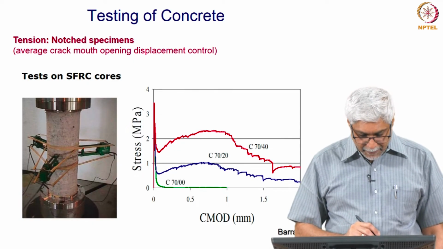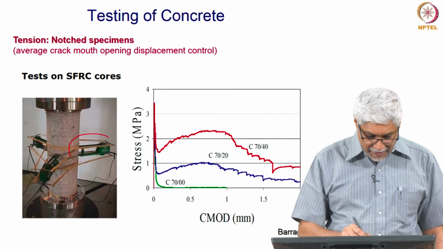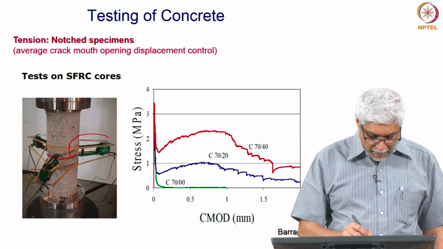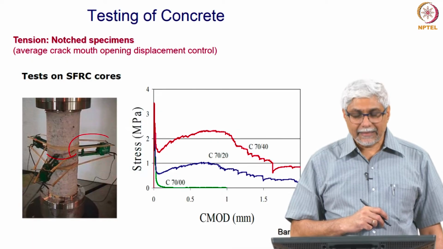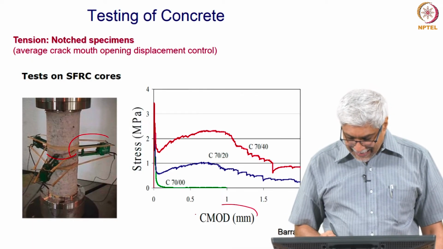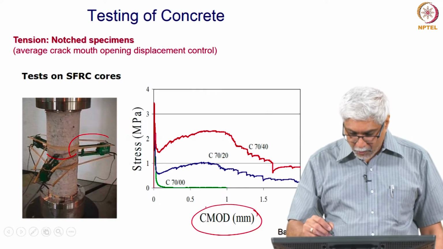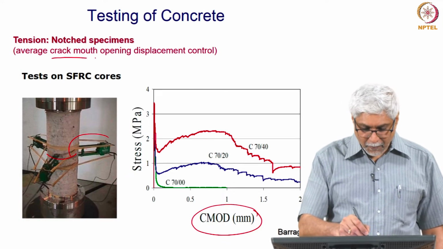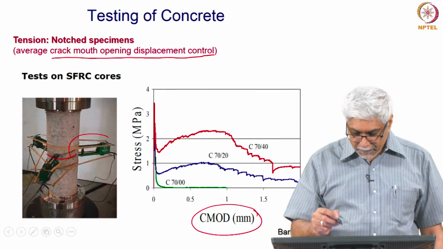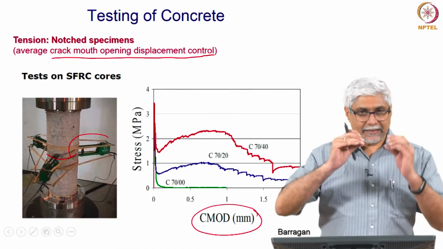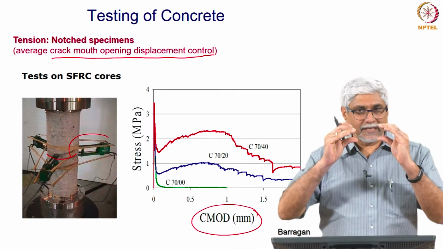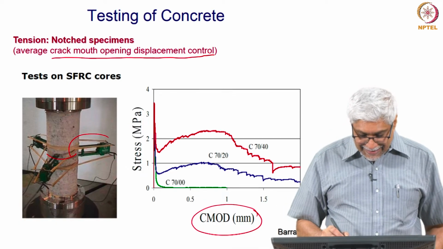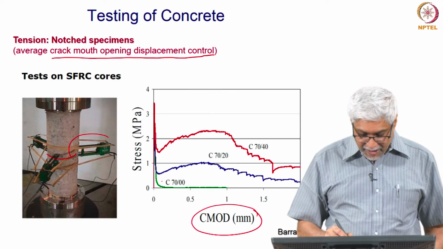Here, this is a better picture, you can see the specimen, this is the notch, and you can see that there are 3 extensometers around the notch, and the average is plotted here as the crack mouth opening displacement. CMOD is the crack mouth opening displacement. So, we control the test such that the crack mouth opening displacement is always increasing, and you can see that something that is plain concrete gives a green curve.